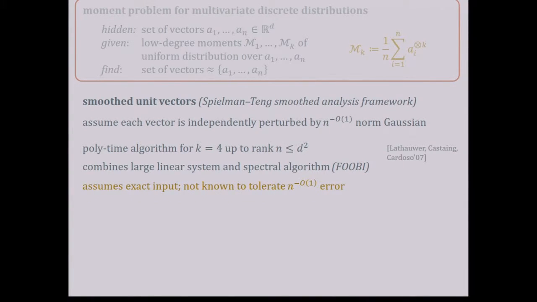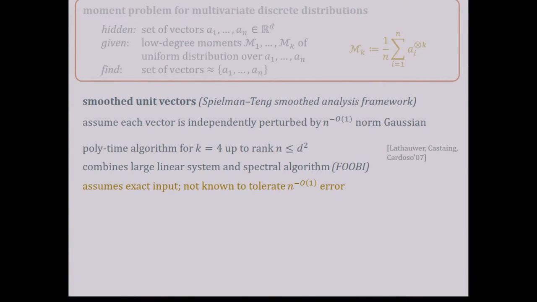Here the first result, from 2007, is a polynomial time algorithm that works if you have the first 4 moments, and it works up to rank at most d squared. The nice thing is that on some level I only care that this is a polynomial factor larger than d. It's a somewhat mysterious algorithm that combines in a very ingenious way solving large systems of linear equations and the spectral techniques from earlier algorithms.